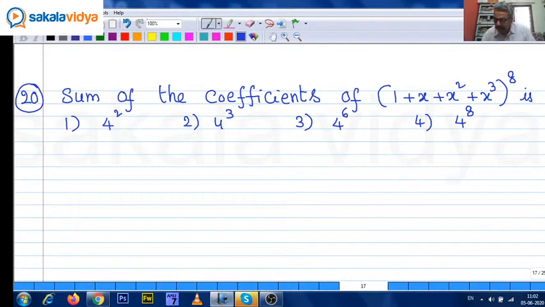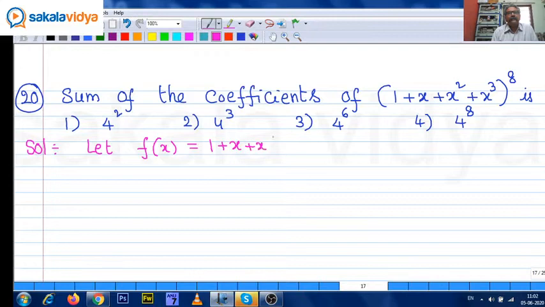Are you getting now? Okay. Sum of the coefficients of, so that means first let us say f of x equals (1 plus x square plus x cube) whole to the power of 8.